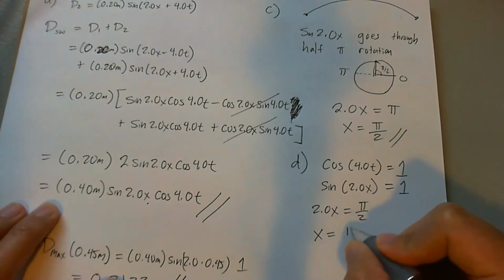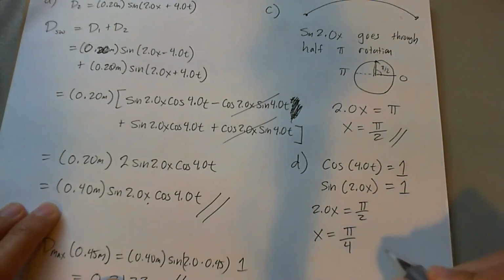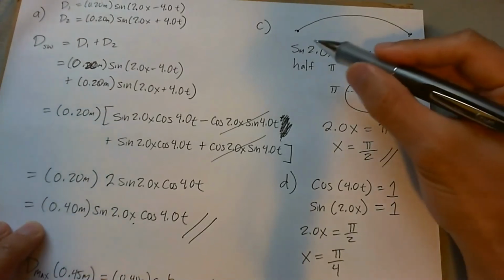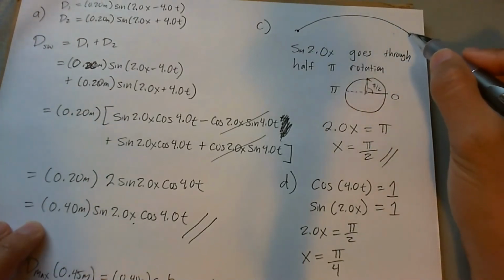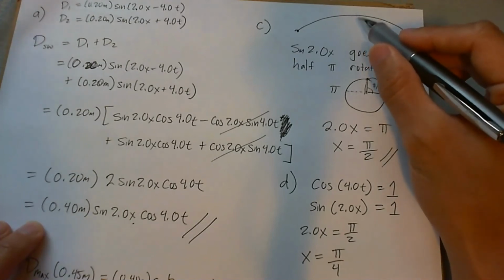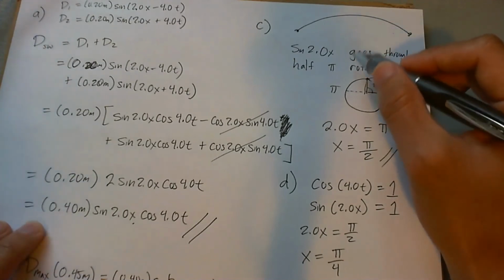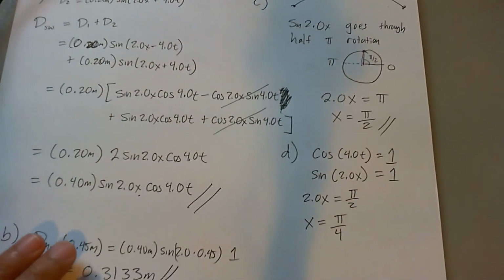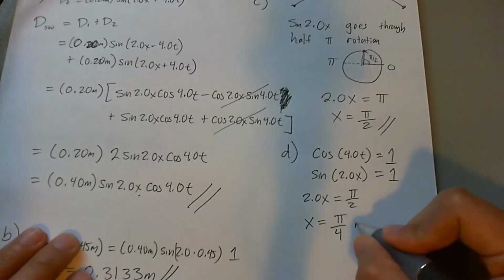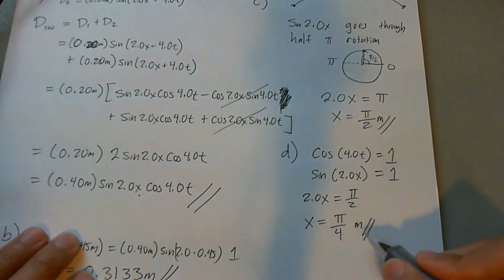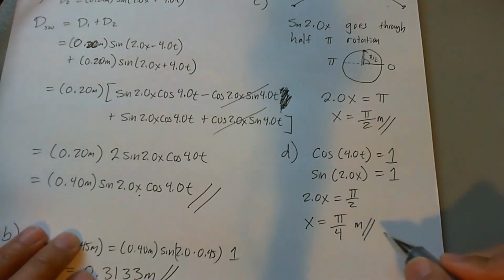Therefore, x is going to equal pi over 4. You could probably guess that because you know the other end is stationed at pi over 2. So you could guess that halfway is going to be the maximum of the standing wave. So the answer is pi over 4 meters, the location of the highest amplitude.